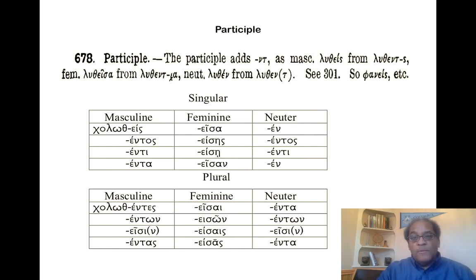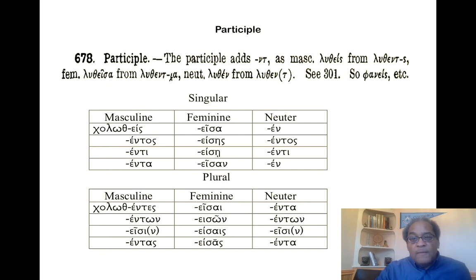The participle, we've already seen this, but it too ends in theta-epsilon, and then you add nu-tau, which in the masculine results in -eis, -entos, -enti, -enta, -entes, -entōn, -eisi, -entas.